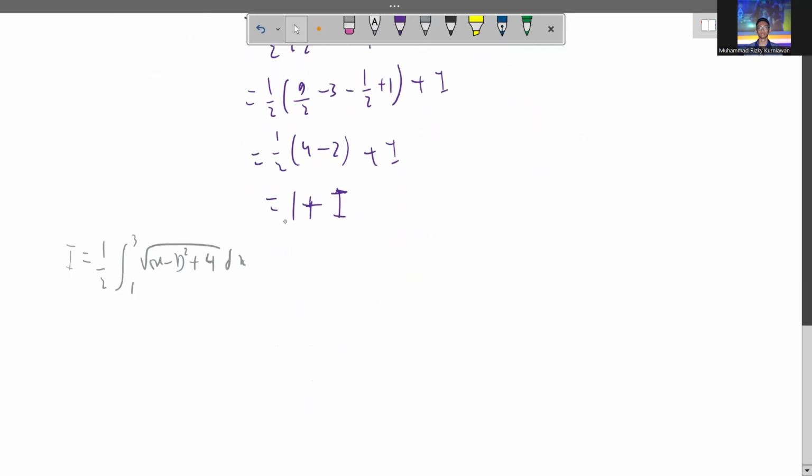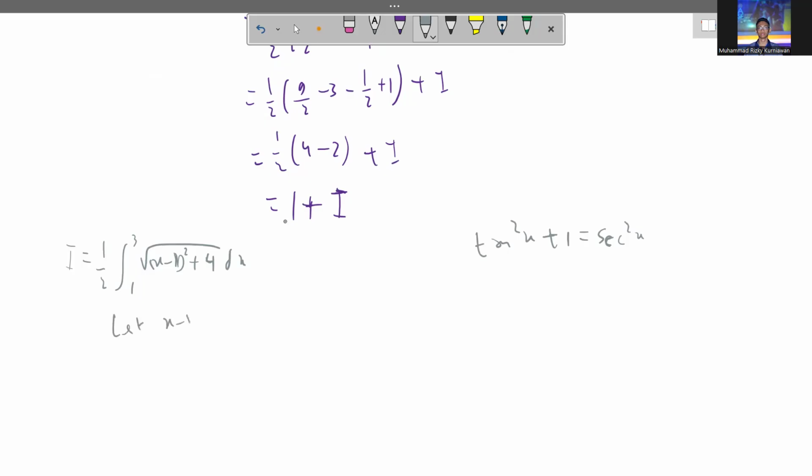So for these types of integrals, you will have to do a trig sub, using the property that tangent squared x plus 1 is equal to secant squared of x. So based on this, we will let x minus 1 be equal to 2 times tangent of theta.